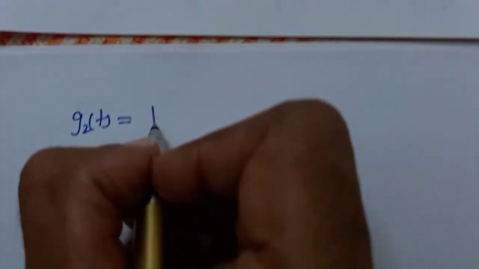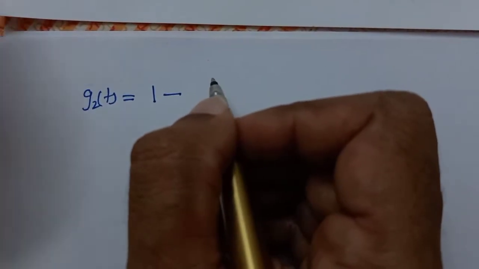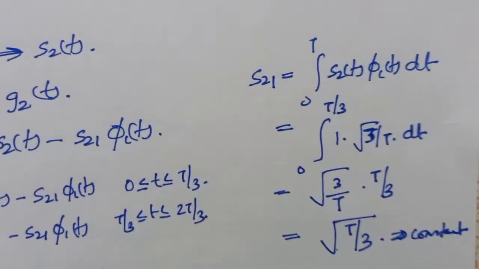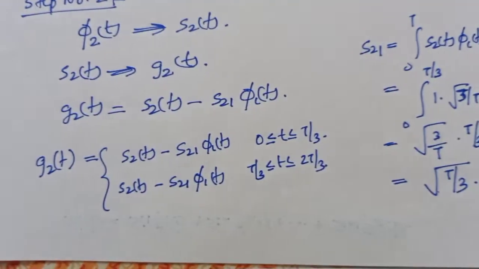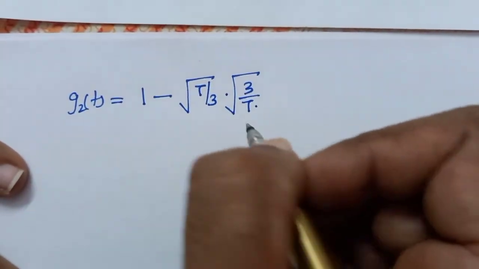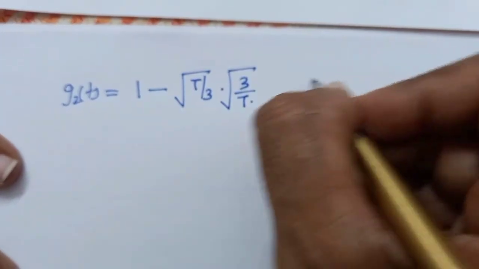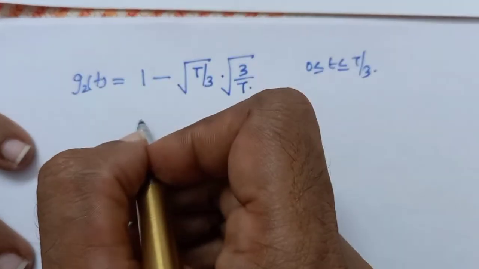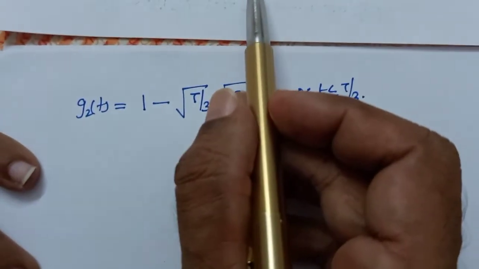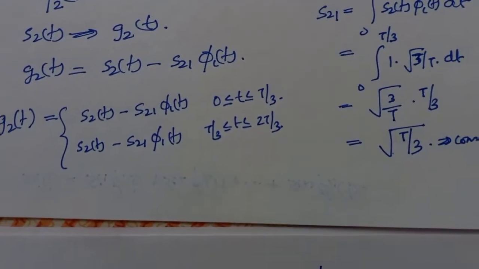Now G2(t) can be written as, what is S2(t)? S2(t) is 1. 1 minus S21, which is root of t by 3, into phi 1(t), which is root of 3 by t. So this will cancel, it will cancel for 0 less than or equal to t less than or equal to t by 3. And for the next interval from t by 3 to 2t by 3, what is S2(t)?